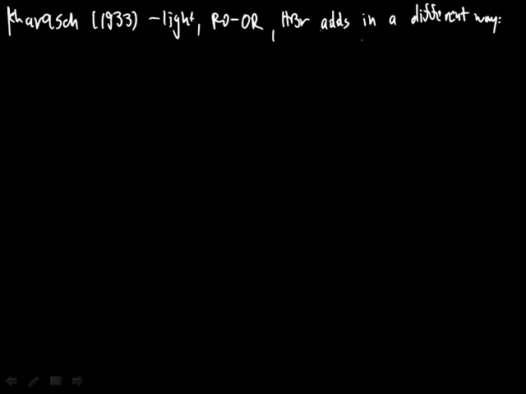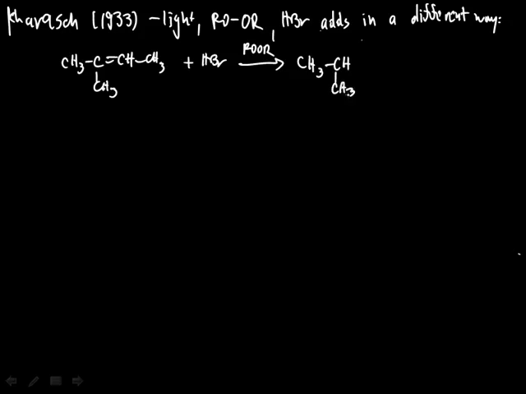In other words, if we had this example and treated this with HBr under the influence of radicals, what we'll get is the attachment of bromine onto the less substituted carbon. So this is anti-Markovnikov addition.